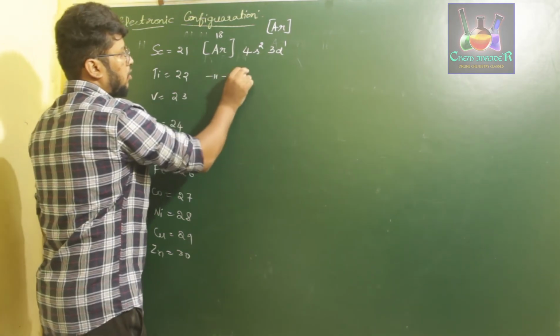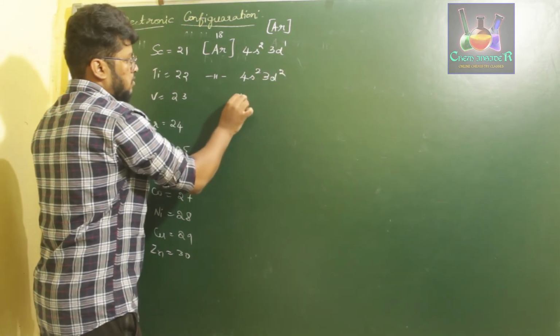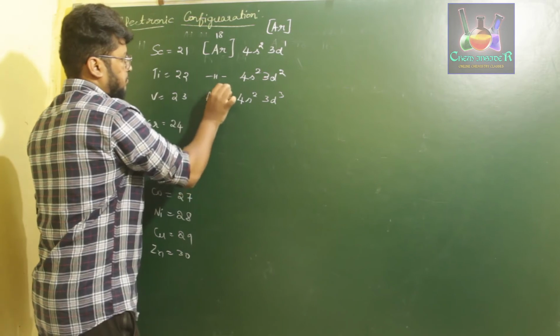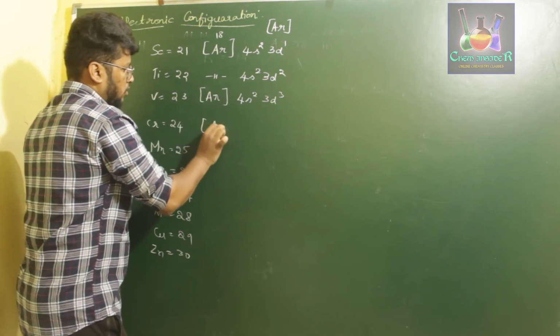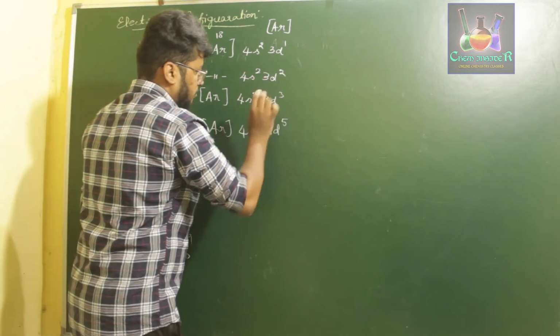Similarly, argon 4s2, 3d2 for titanium, 4s2, 3d3 for vanadium. Then for chromium, 4s1, 3d5.